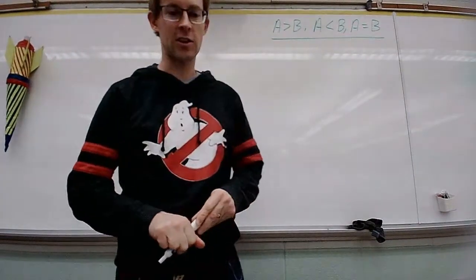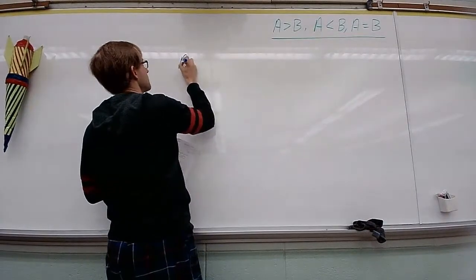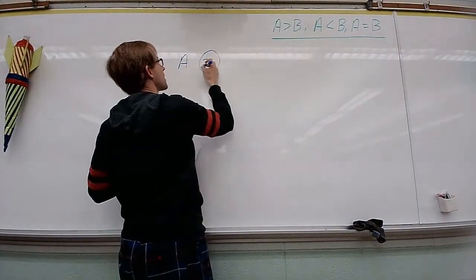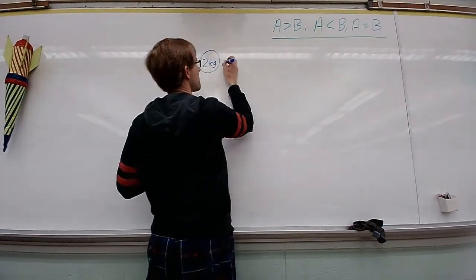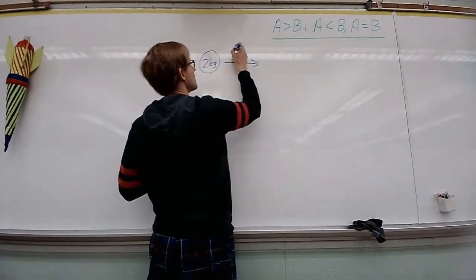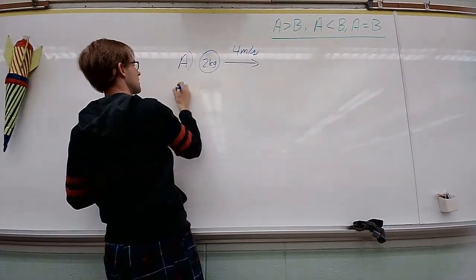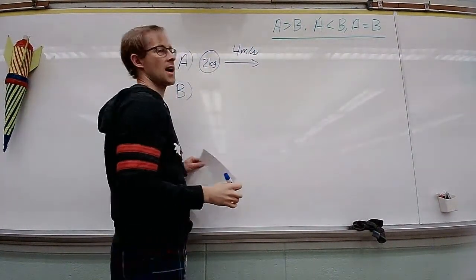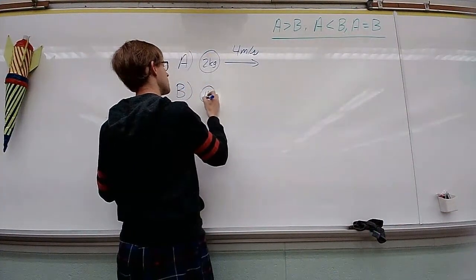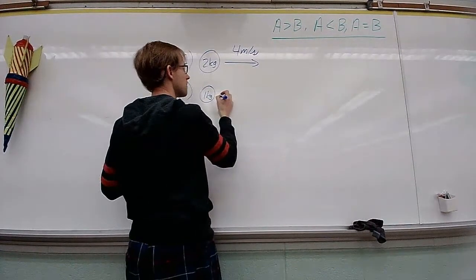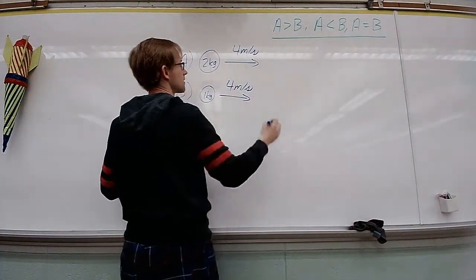So let's just say we have object A, and object A is maybe a 2 kilogram mass. Perhaps it's moving to the right at 4 meters per second. And then you've got object B. This will be a different mass, maybe just 1 kilogram, also moving at 4 meters per second.